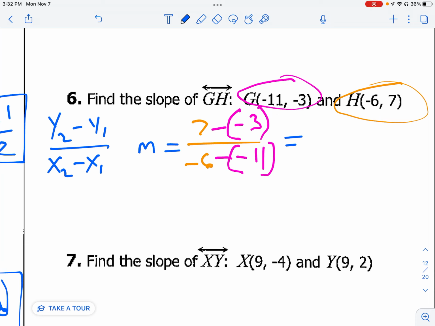So 7 minus a minus 3 is plus 3, so that's 10. Negative 6 plus 11 is 5. So my slope for this one is 2.